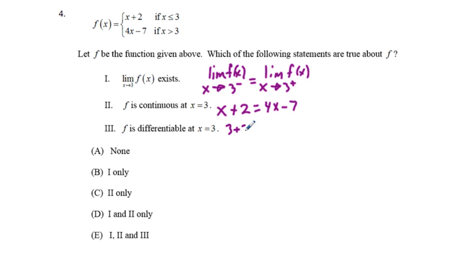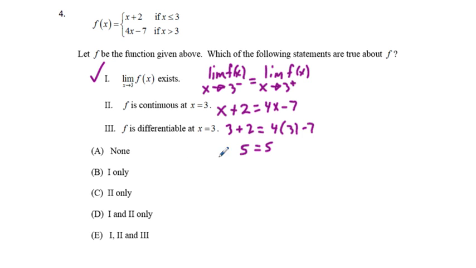3 plus 2 is equal to 4 times 3 minus 7. So we get 5 equals 5. And so we know that since the left side limit is equal to the right side limit, the limit exists.